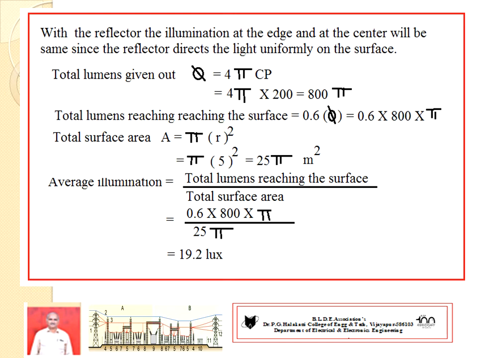Multiply 0.6 into 800 pi. Total surface area is pi r square, which is 25 pi meter square. Then average illumination with reflector is total lumens reaching the surface divided by total surface area. So we get 19.2 lux with the help of the reflector.